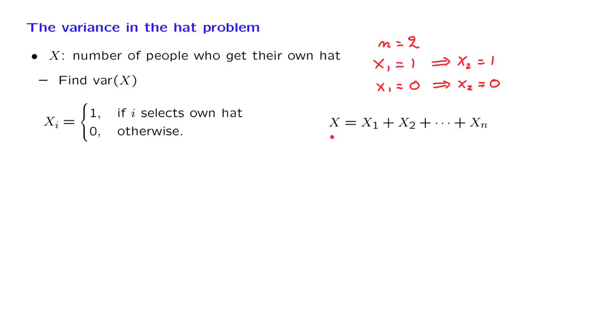More generally, if I were to tell you that the first n-1 people got their own hats back, then the last remaining person will have his or her own hat available to be picked. That's going to be the only available hat, and then person n will also get their hat back. So we see that information about some of the xi's gives us information about the remaining xn, and again, this means that the random variables are dependent.